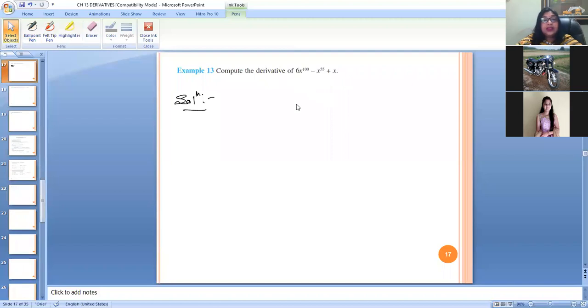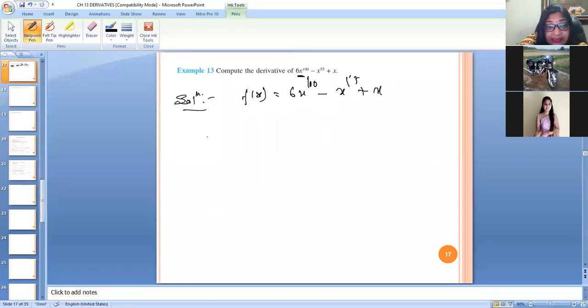Now, if you apply first principle on 6x raised to power 100, is it possible to simplify? f of x is equal to 6x raised to power 100 minus x raised to power 55 plus x.